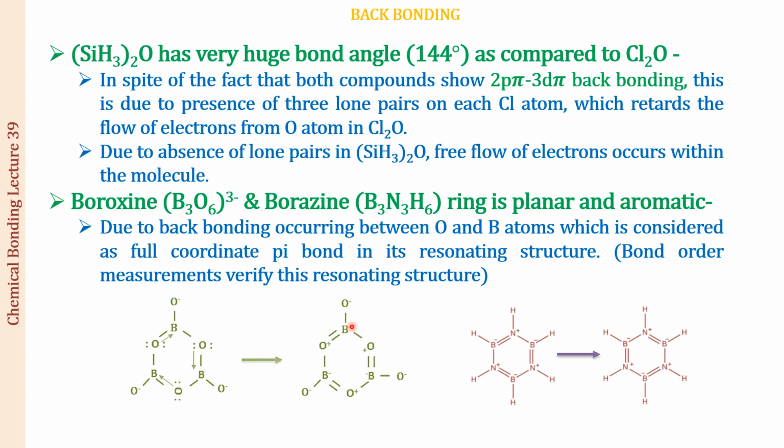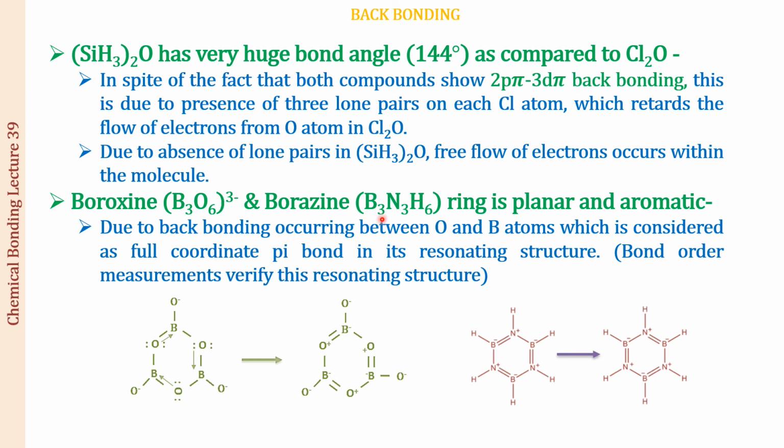Similarly, this is one more example that we have, borazine, that is B3N3H6, which is having a back bond between boron and nitrogen. So this is something that we are going to discuss in the next lecture, where we will be talking about back bonding with nitrogen as a donor atom. But because both of these structures are similar, I thought why not just put them together so that you remember this.